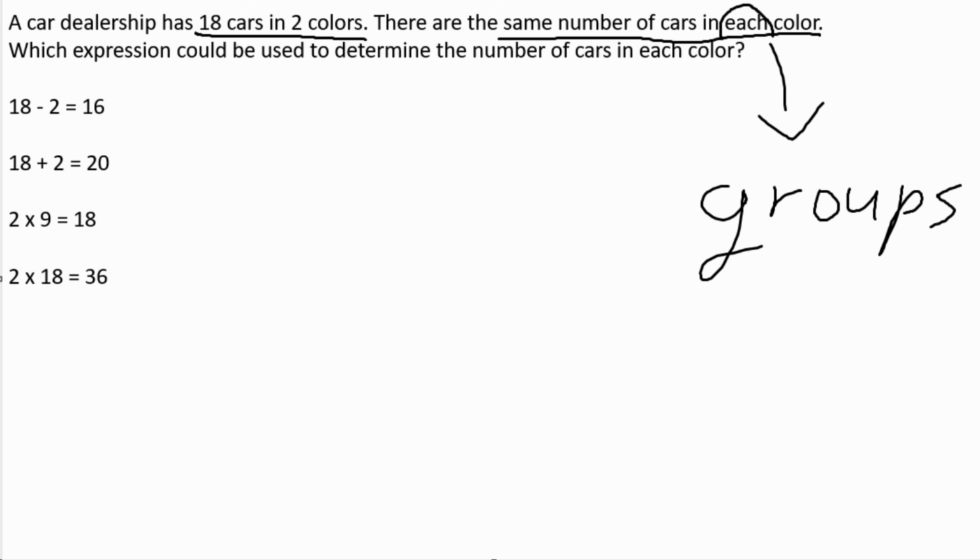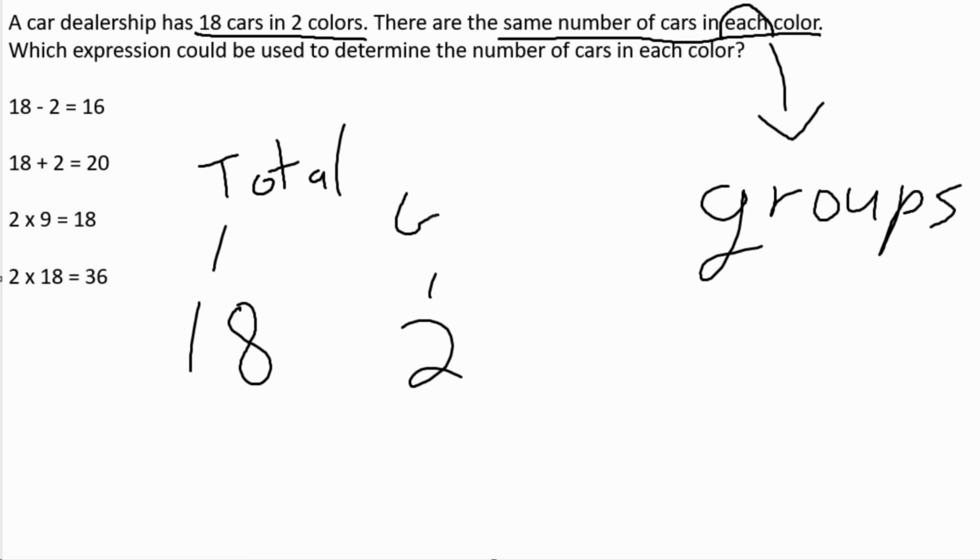Okay, so what's our big number? Our big number is 18. That's going to be our total number of cars. And we have 2 colors. Those are our groups. Okay, 2 colors. Those are our 2 groups. Now, what's the relationship between these 2 numbers?